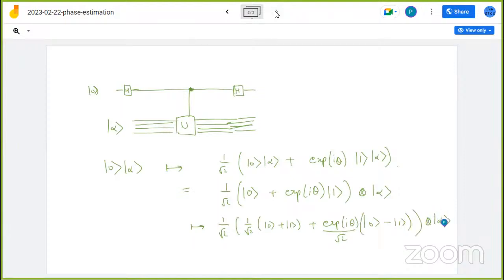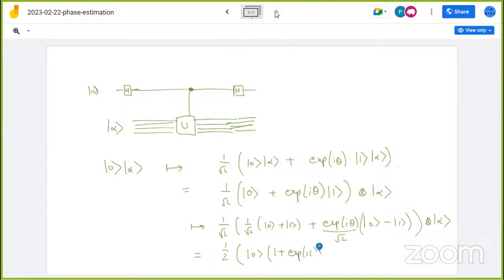So yeah, we're trying to do phase estimation for U, and alpha is the eigenstate, and here is a candidate circuit with the Hadamard. So you can see what happens. 0 alpha maps to this circuit, and now let's see what this is. Again, we want to do all the measurements in the computational basis, so let's just write it in terms of the computational basis. There's 1 over 2, and there is a 0, and 0 has a 1 plus e^{i theta}.